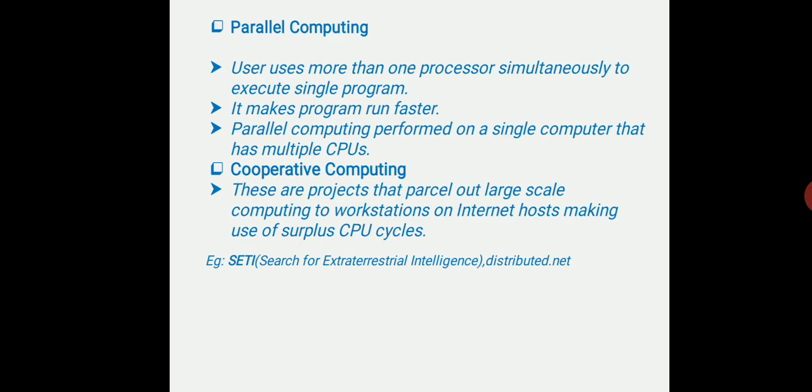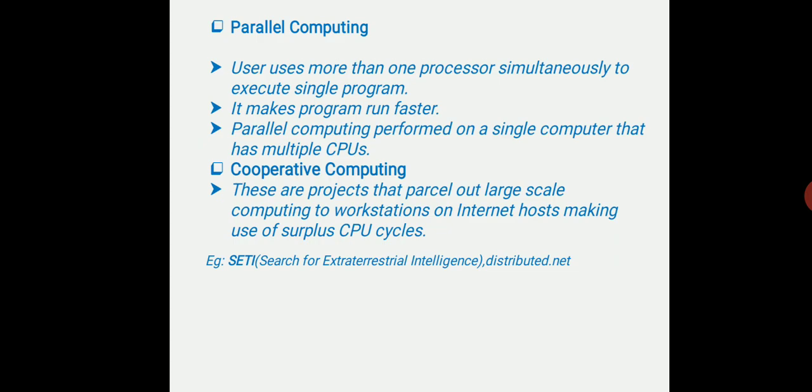So now there is one more type of computing, that is parallel computing. So what is this parallel computing? Parallel computing is similar to distributed computing but different from it. Here it uses more than one processor simultaneously to execute a single program.